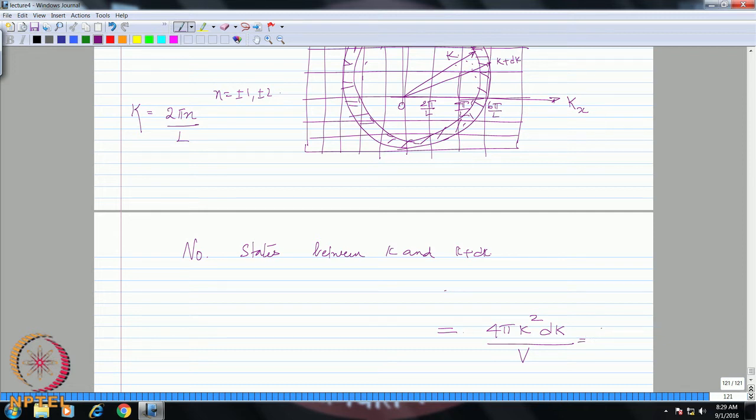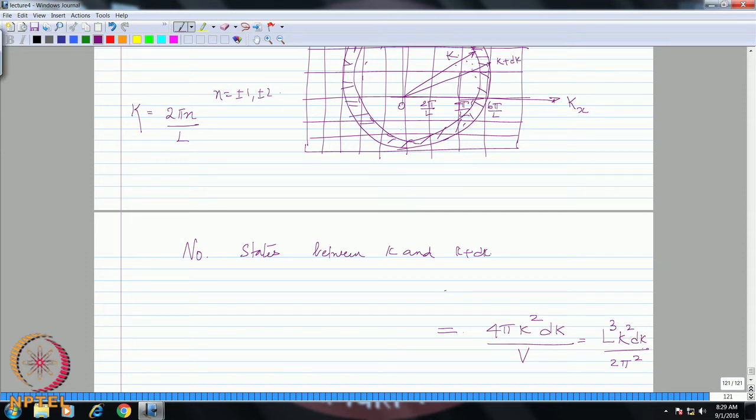So, if you substitute this, you should be getting L cube, just check that, k square dk by 2 pi square. So, this will be a sphere.